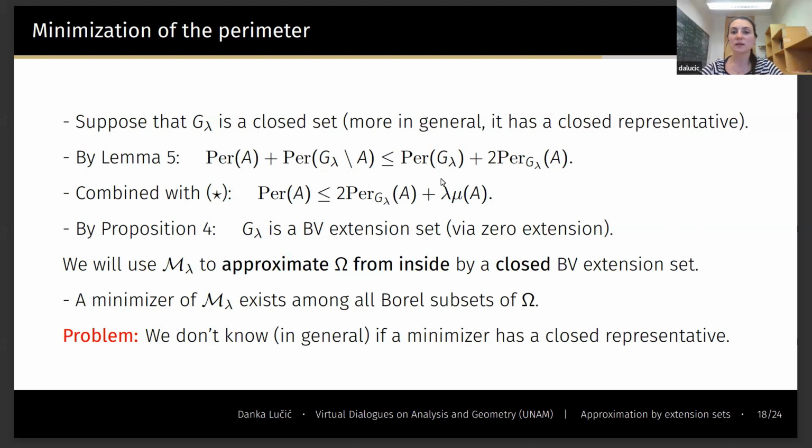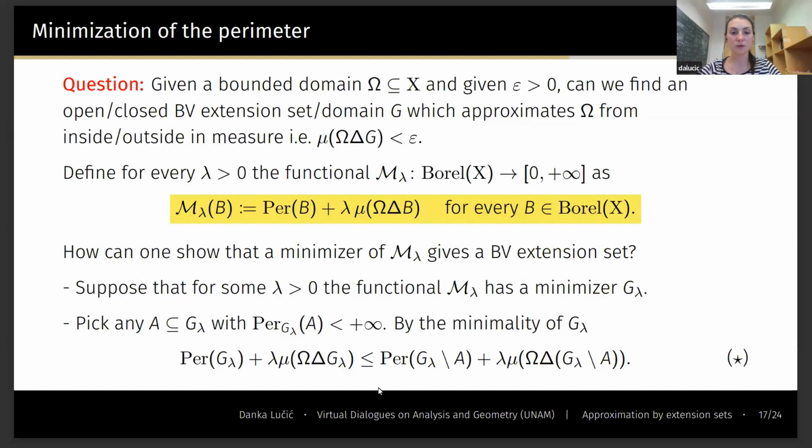So one thing is that G lambda has to be closed, and the other thing is that now one would like to approximate either from inside or from outside, in order to get something that can be useful once you want to treat maybe some minimization problems or any other problem you would like to use the extension domains for. And you can see from here that this procedure is stable if you do an approximation from inside.